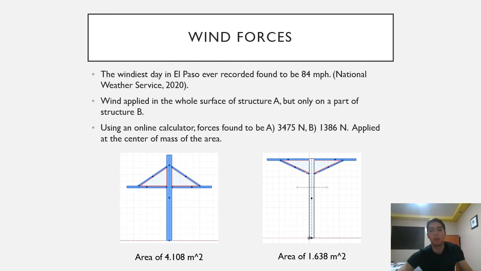Since we stated that the wind was flowing from structure A to structure B, part of structure A will cover a part of structure B. This is why the wind doesn't impact the whole of structure B. The area of structure A is found to be 4.108 square meters, and the area impacted by the wind in structure B is this value, and these are the values for the wind loads.